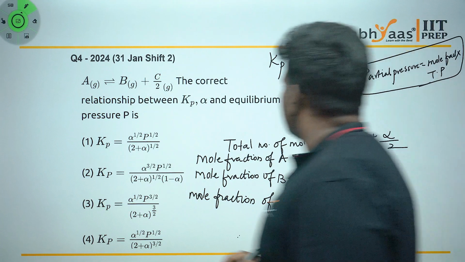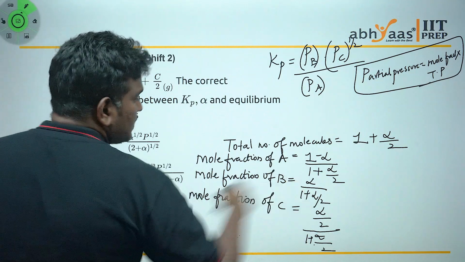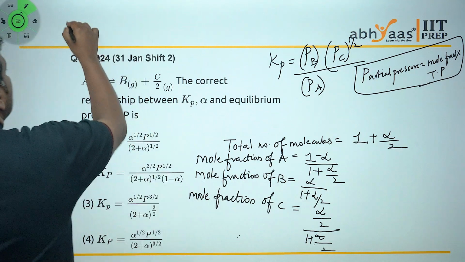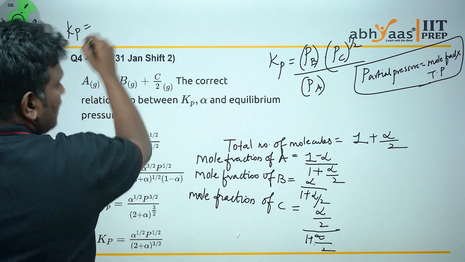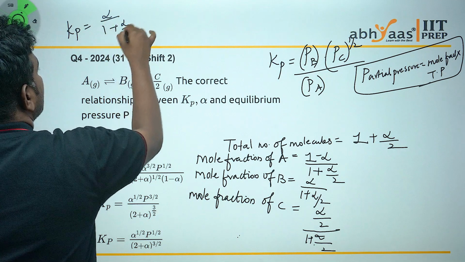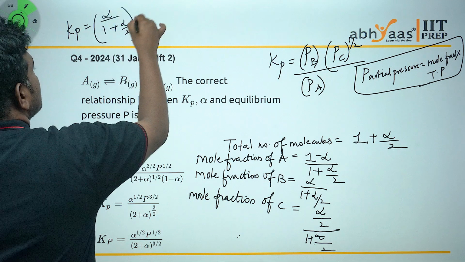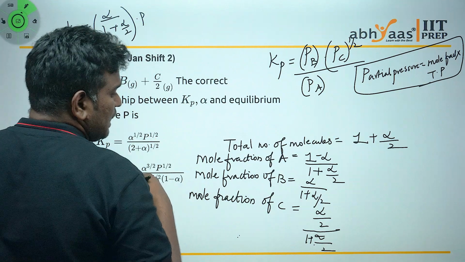So, I can write here Pb, right? What is Pb's mole fraction? I can write now Kp is equal to, Pb's mole fraction is alpha divided by 1 plus alpha by 2, into total pressure, which is P. Now, Pc, what is Pc?